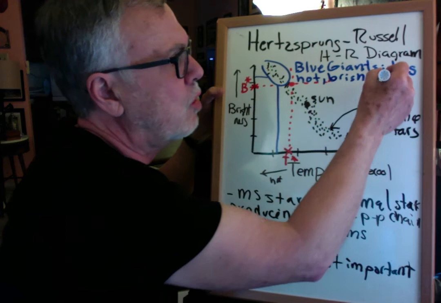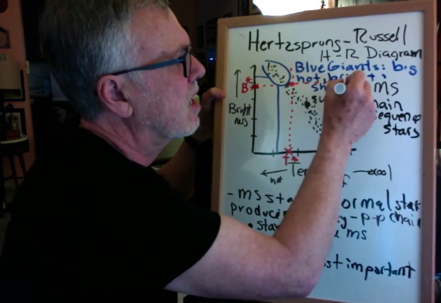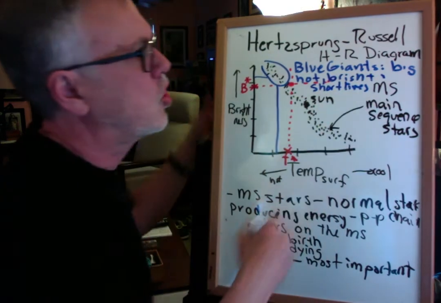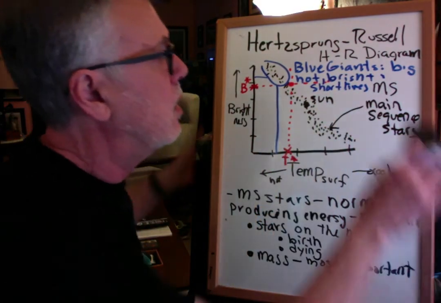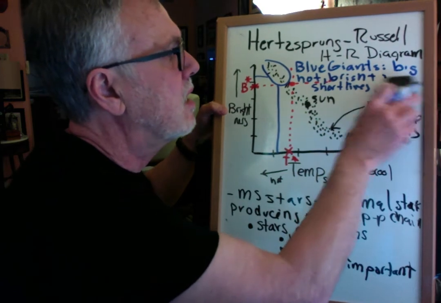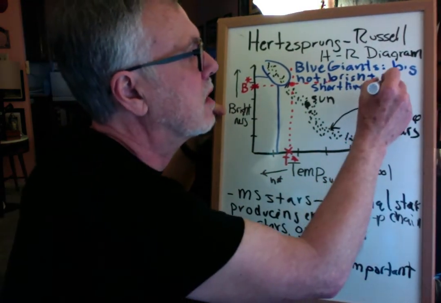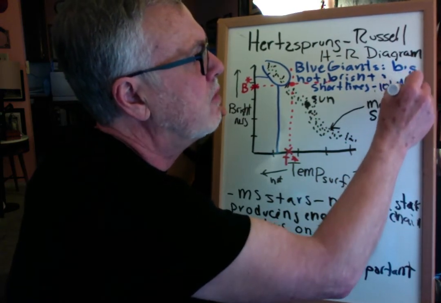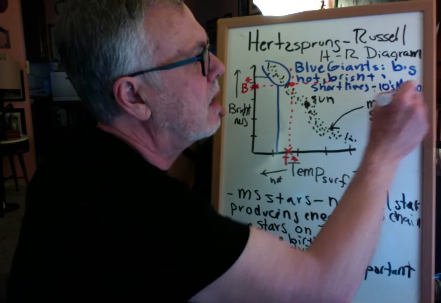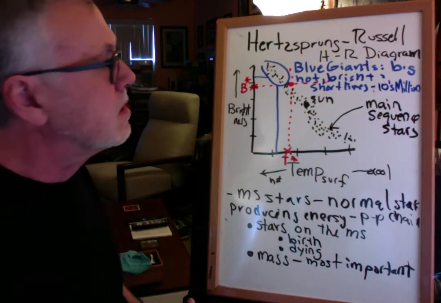Another thing is they don't live long, short lives. And when I say short lives, I mean maybe tens of millions of years. It's a long time for you and me, but not for stars.